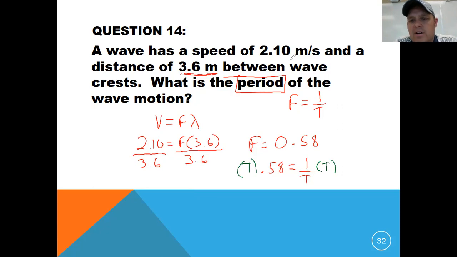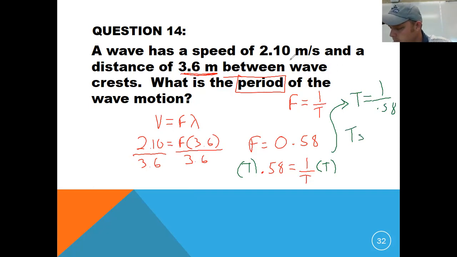And then I'll have to divide both sides by 0.58. So at the end of the day, how do we need to solve this? Well, t will equal 1 divided by 0.58. So t equals 1.7, we'll round to 2 sig figs, and this is in seconds.